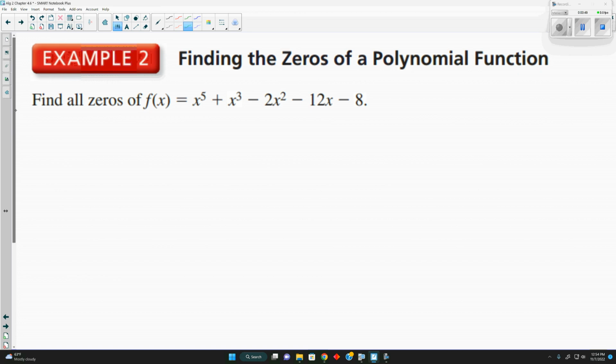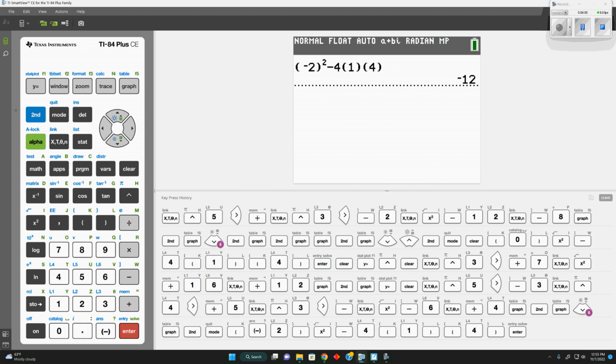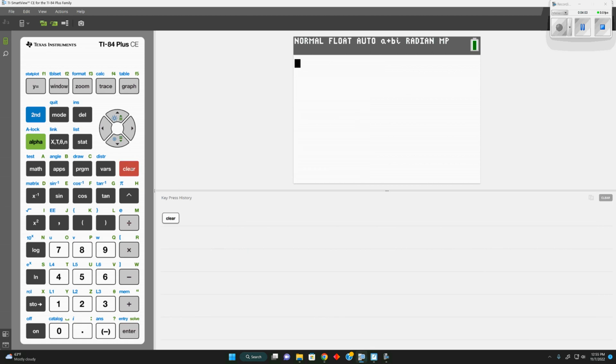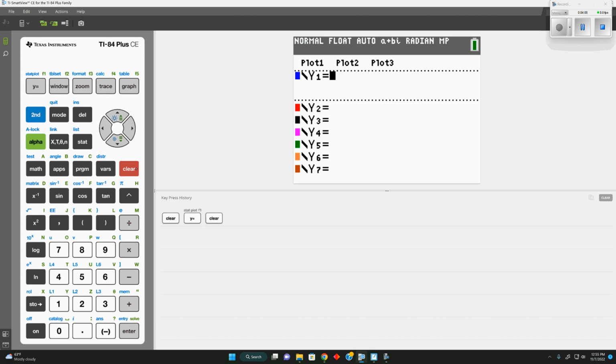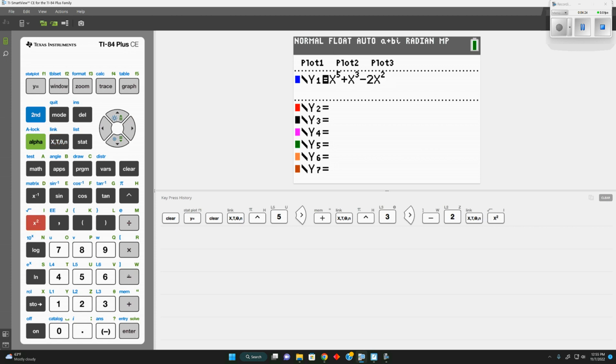Now the first place I would start in actually finding these zeros is to graph this function. So we can clear this out. We say y equals x to the 5th plus x to the 3rd minus 2x squared minus 12x minus 8.